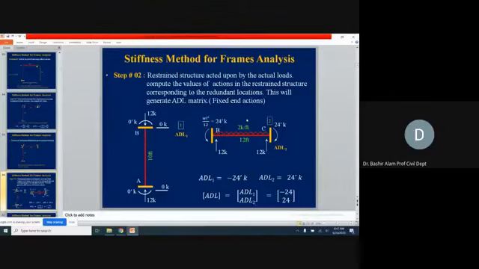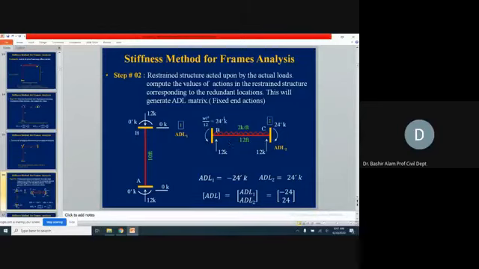Next, now we come to step number 2. After getting this restraint structure, we load it with the actual load. So the restraint structure acted upon by the actual loads, and we find out the member end actions. Remember, if I was interested only in the ADL matrix, what were the numbers we should be finding? We should be finding the moment at this joint B and the moment at joint C because of these externally applied loads.